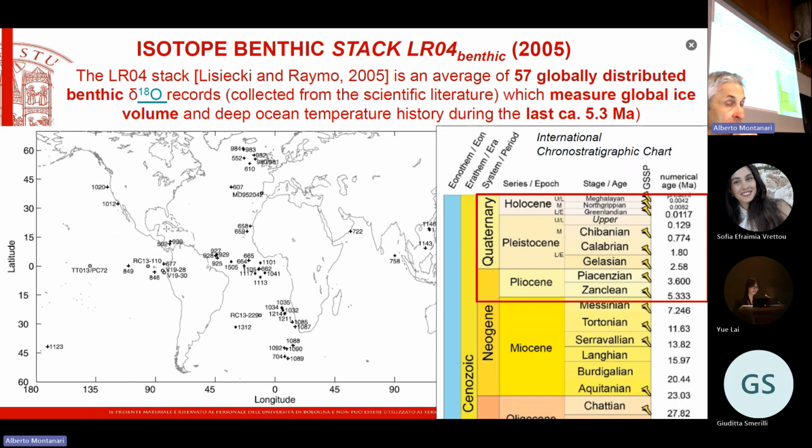Here you see another important reconstruction, which was presented about 20 years ago, which was derived by taking the average of 57 globally distributed records of isotope oxygen 18, and you see the location of the sites where samples were taken.